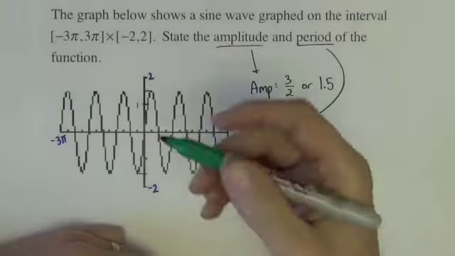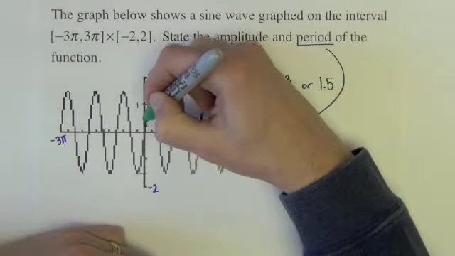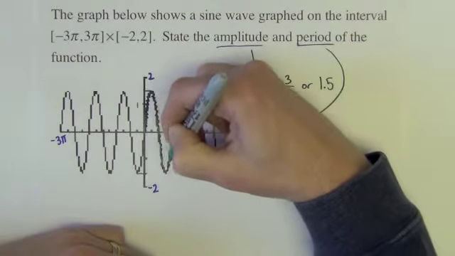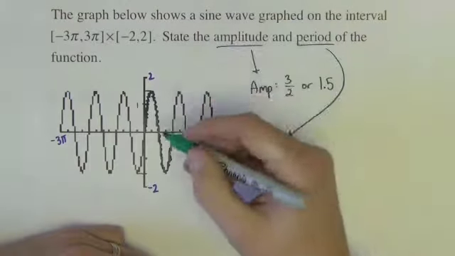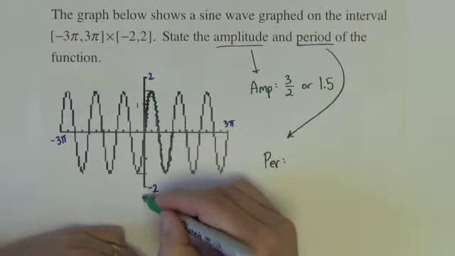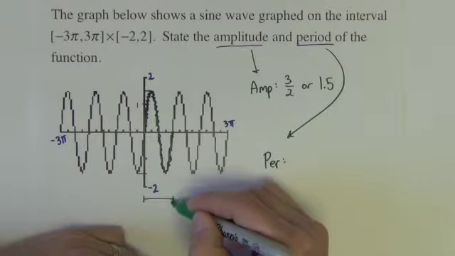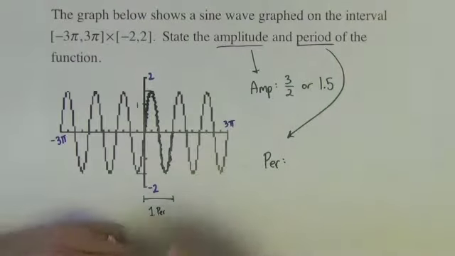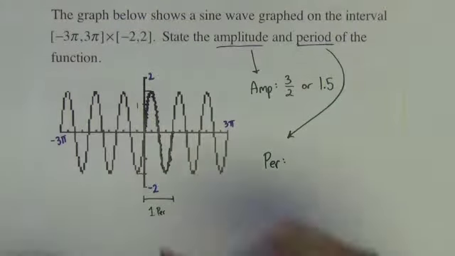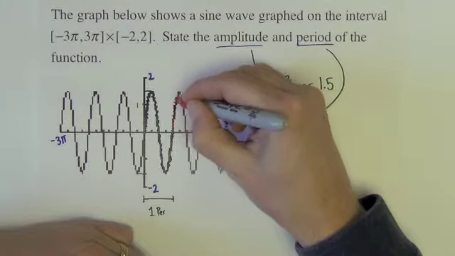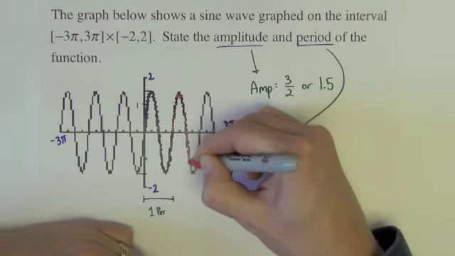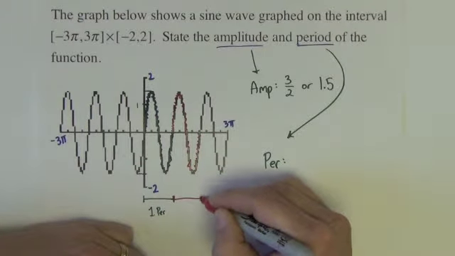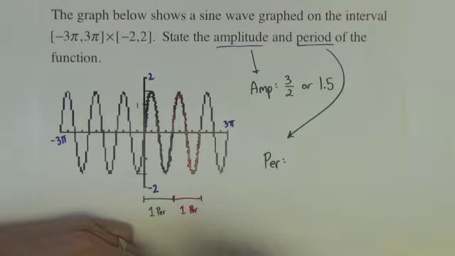Well, so let's kind of trace this out. If I were to start right here, comes up, comes all the way down, and back up right there. This is 1 period. And we just saw 1 period. Now, if I do it again, we change colors here for emphasis. If I do it again, to there, there's 1 period.